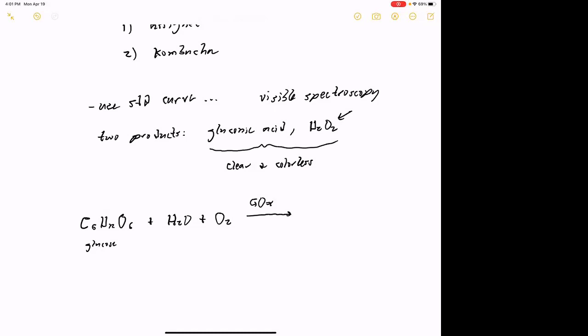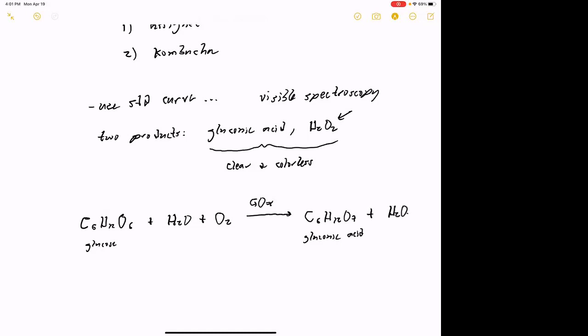That's the enzyme we said is going to operate on the glucose. And what you're going to make is gluconic acid, which is C6H12O7. So that's gluconic acid. And you're also going to generate, as we said, H2O2.